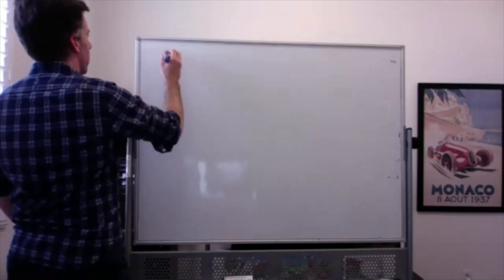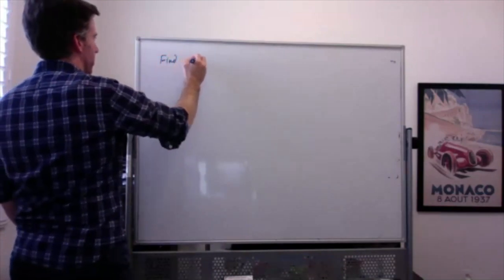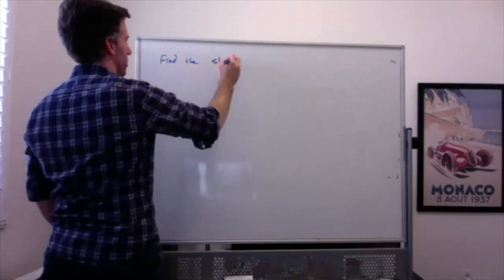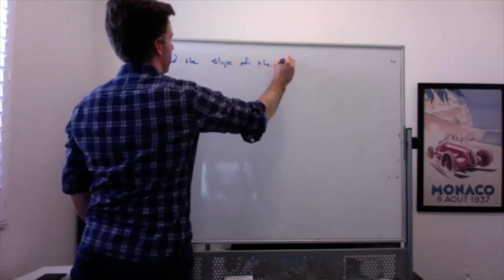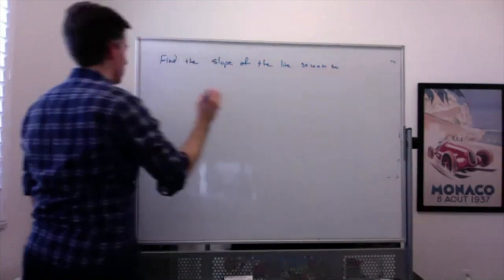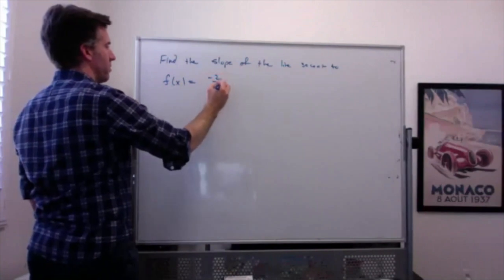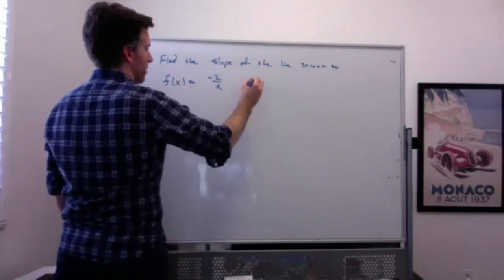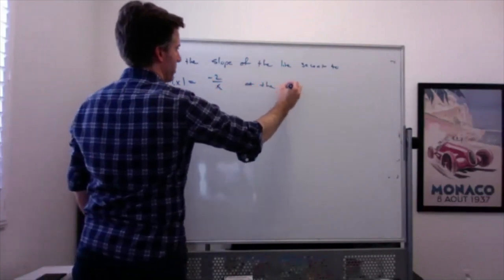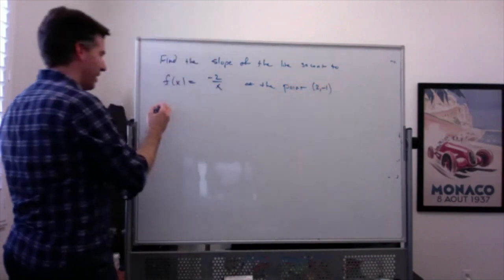I want to find the slope of the line secant to f of x equal to negative 2 over x at the point 2 comma negative 1.